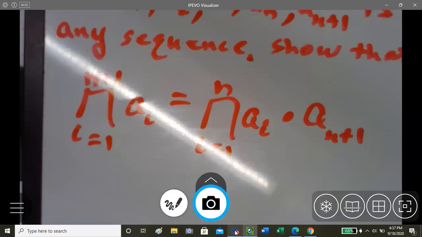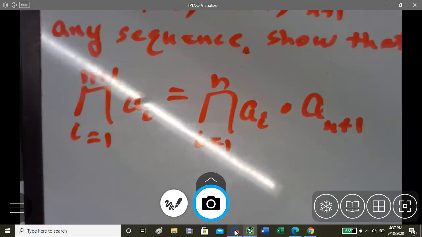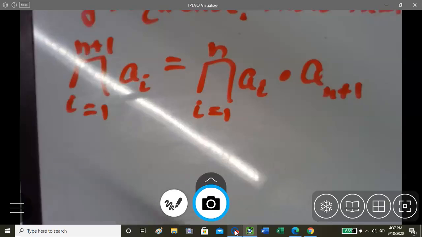Now it helps to go all the way back to the lecture where we were talking about natural numbers.